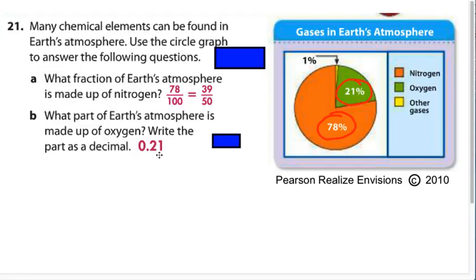So if you write it as a decimal, all you have to remember is that 21%, okay, you take your decimal and you move it 2 places to the left, and if you want, you can annex a 0 in there, and you get 21 hundredths because percents are based on hundredths.